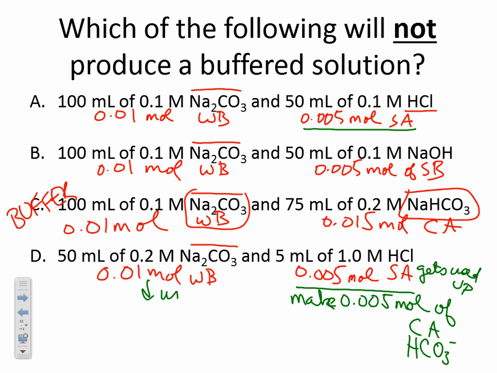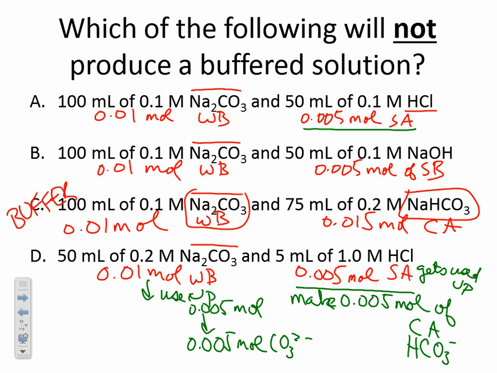So you'd use up 0.005 moles, and you'd be left with 0.005 moles of CO3 2 minus. And again, this is going to be identical for A and D because we actually have identical quantities.